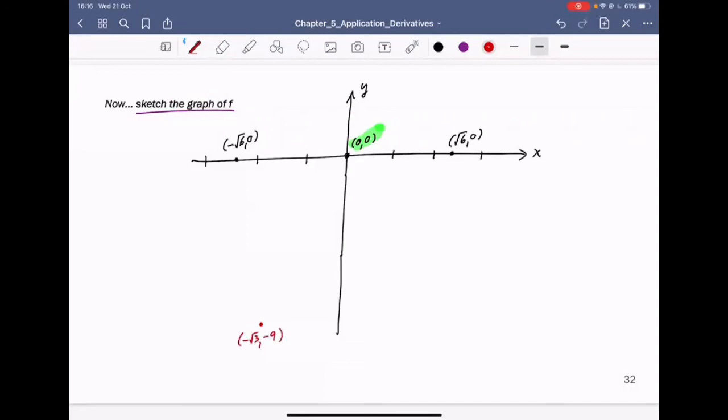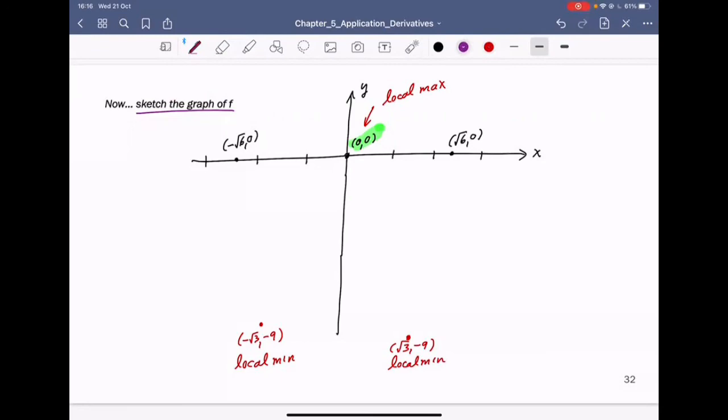This is going to be my local minimum. And also I have this point, square root 3 and -9. This is also a local min. I'm trying to plot everything first, and then I'm going to connect the graph after.